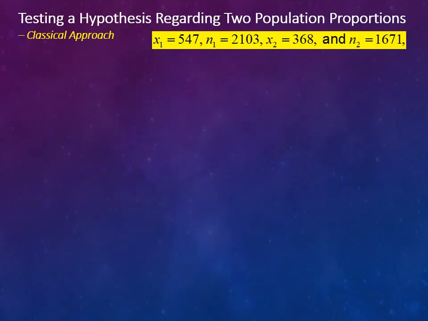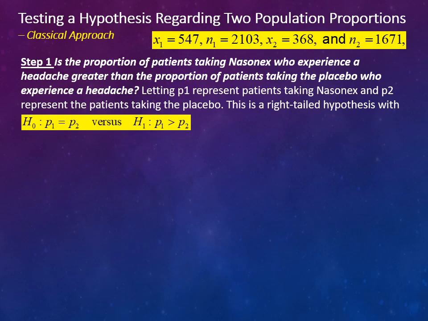So let's first try the classical approach. What we're asking is, is the proportion of patients taking Nasonex who experience a headache greater than the proportion taking the placebo? So if we let p1 represent those taking Nasonex and p2 represent those taking the placebo, we get a right-tailed hypothesis, with the null hypothesis being that p1 and p2 are equal, that in both groups they experience the headache at the same proportion.